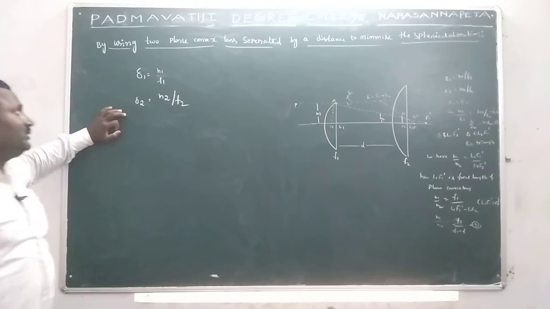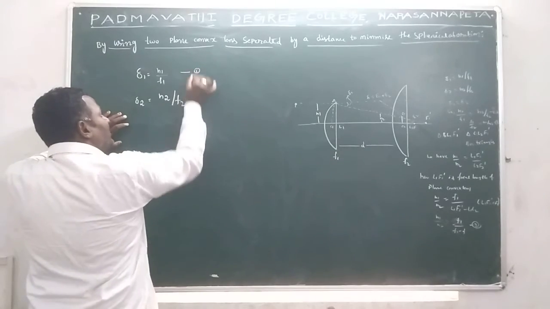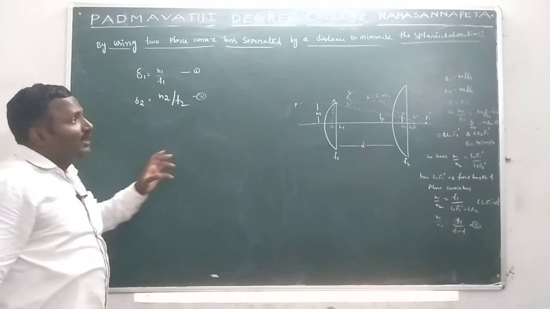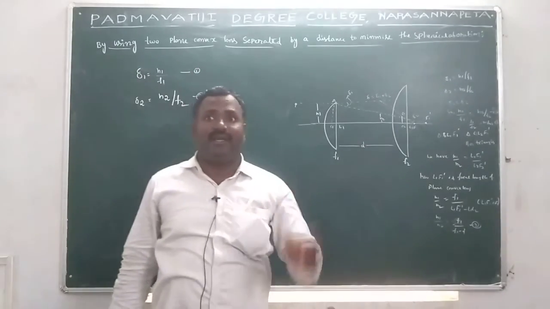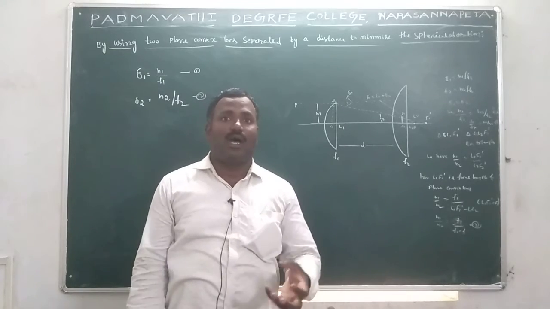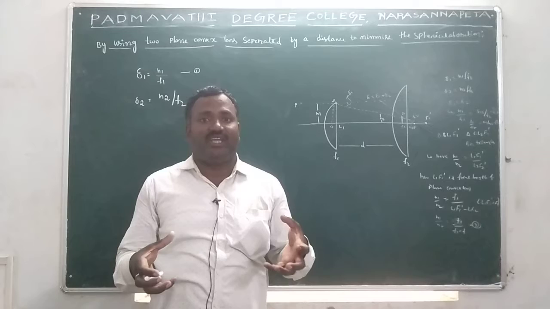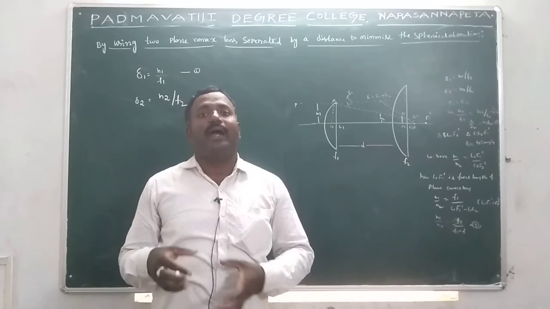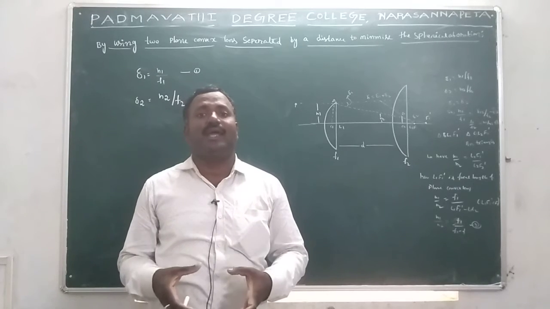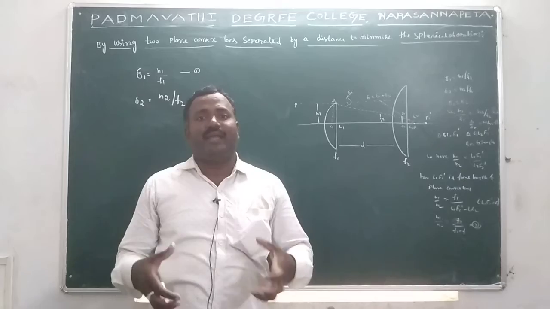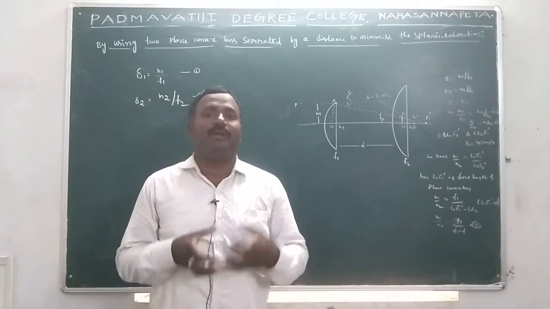So this is equation 1, this is equation 2. Now the spherical aberration can be minimized when the angle of deviation of the first lens and the angle of deviation of the second lens are equal.